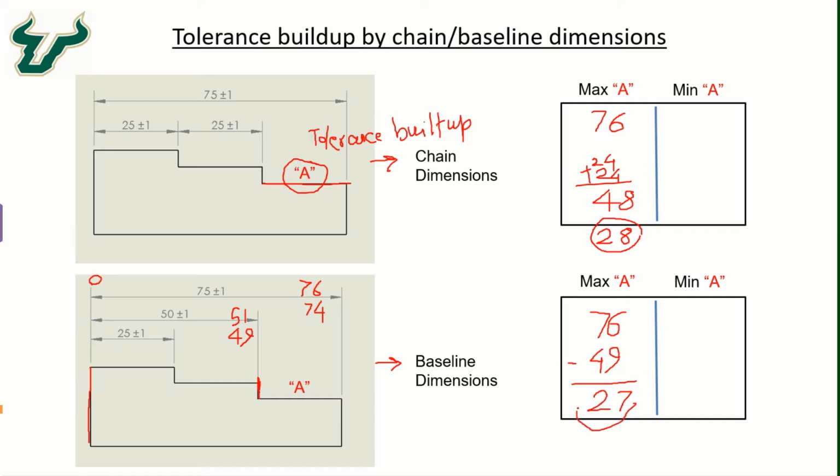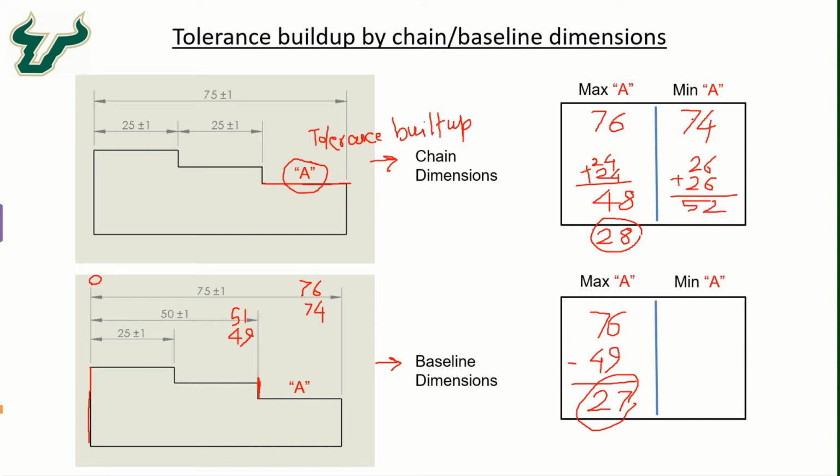If we look at the minimum values of A, then we have to go in the reverse way. Minimum A will be possible when we have the minimum overall dimension and the maximum inner dimensions, which will be 26 plus 26. That will make it 52.